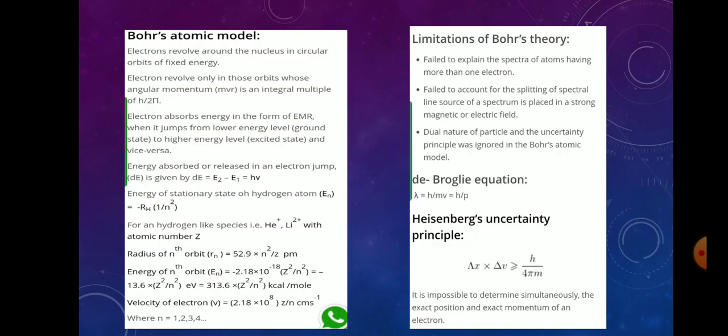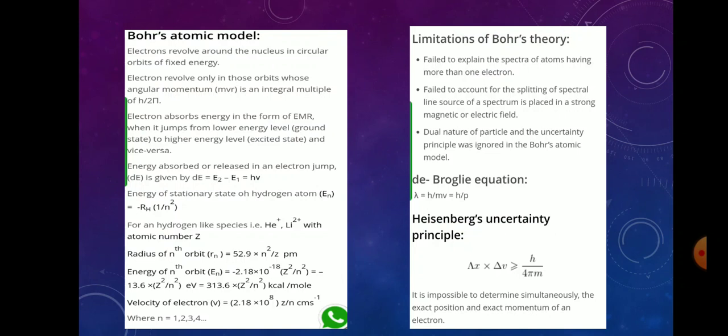Bohr's atomic model. Electrons revolve around the nucleus in circular orbits of fixed energy. Electrons revolve only in those orbits whose angular momentum m v r is an integral multiple of h by 2 pi. An electron absorbs energy in the form of electromagnetic radiation when it jumps from a lower energy level, that is the ground state, to a higher energy level, that is the excited state, and vice versa.